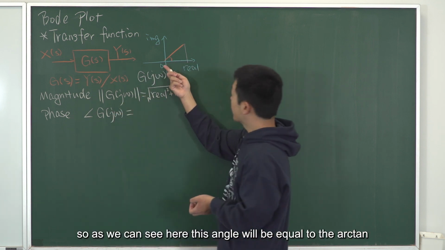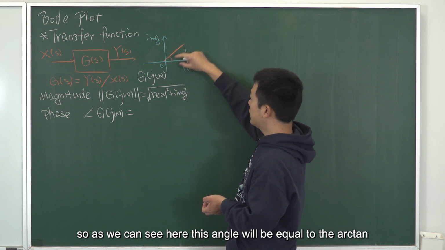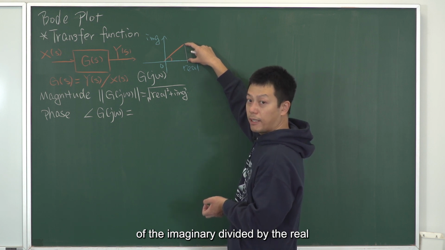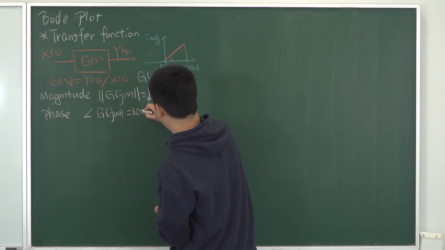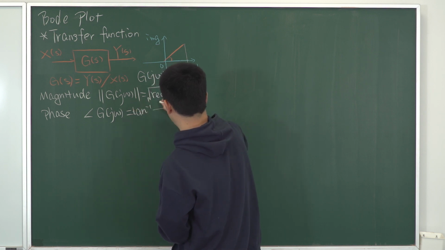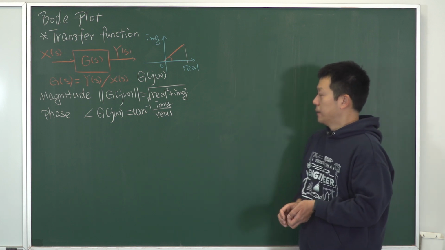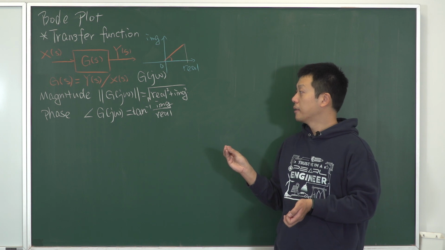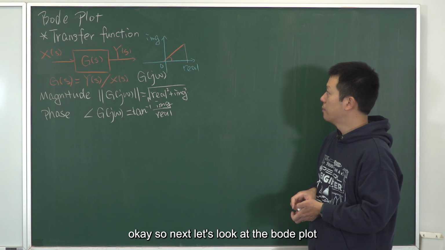As we can see here, this angle equals the arctangent of the imaginary part divided by the real part. That's how to calculate those two quantities. Okay, next, let's look at the Bode plot.